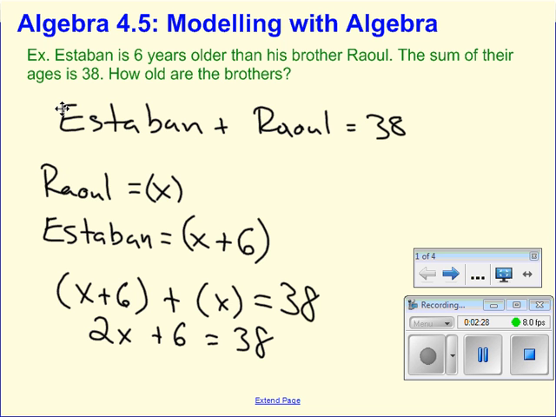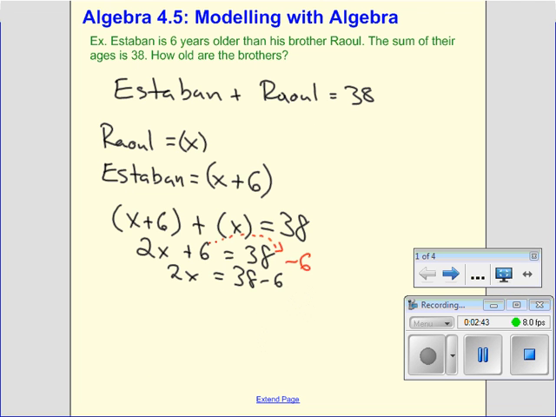I bring the 6 over, so I'm going to subtract, change its sign. So I'm going to have 2x equal to 38 minus 6, which is 32. Divide both sides by 2, and I have x is equal to 16.